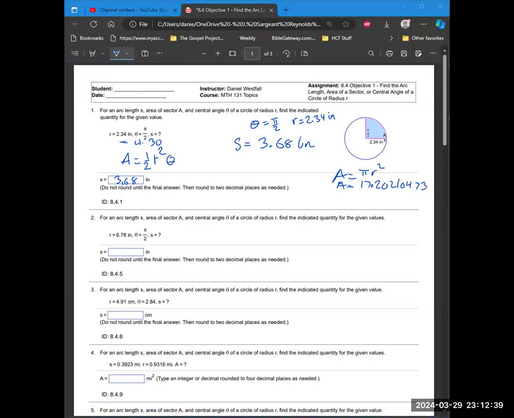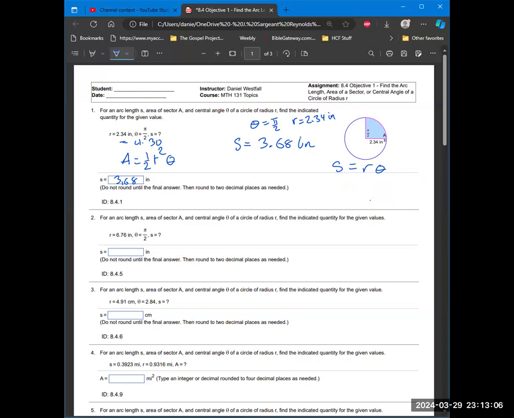So the area of our sector is 4.3005, and we're going to round that to 4.30. We'll do some areas of sectors here in a little bit. We're going to start off with arc length problems though, and your formula for arc length is S, our arc length, is equal to r theta, where theta is measured in radians.